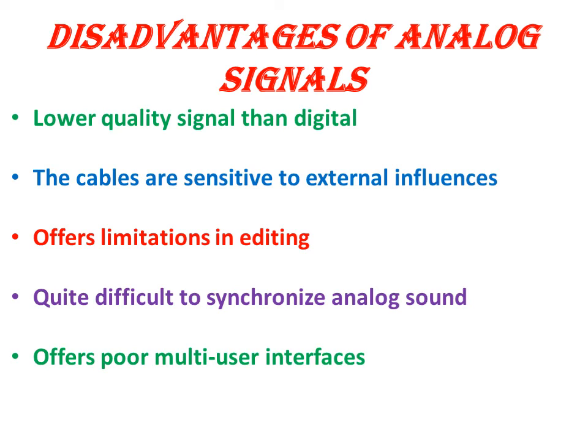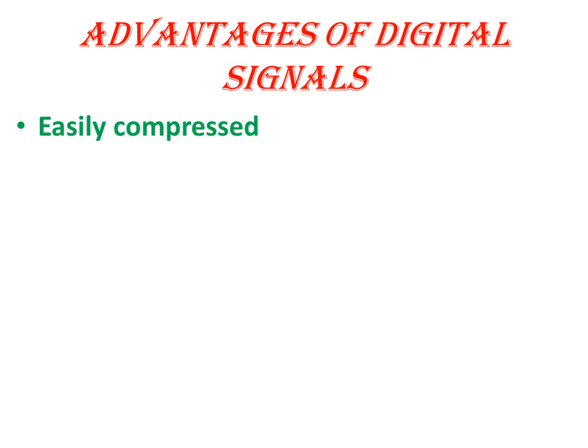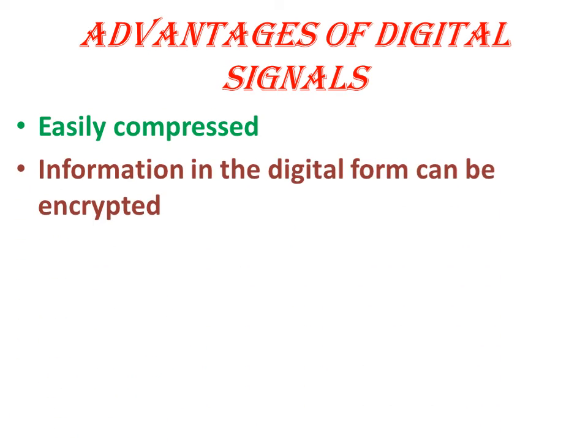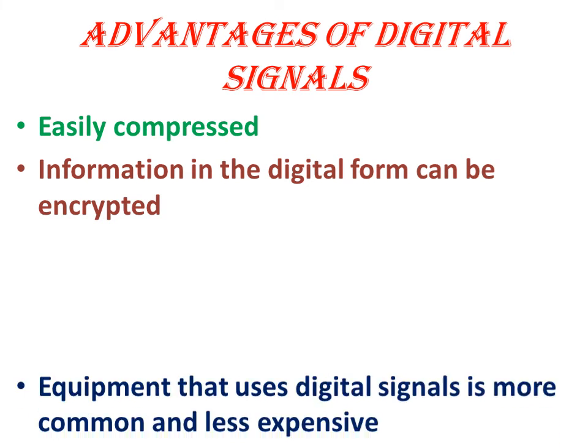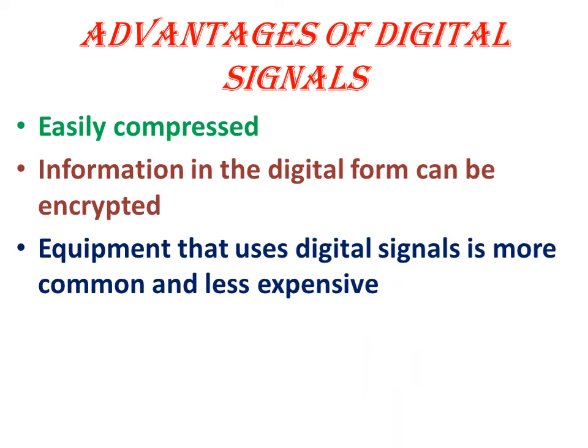Of course, there are some advantages as well as disadvantages of digital signals also. So let us see. These are a few advantages of digital signals. Digital data can be easily compressed. Any information in digital form can be encrypted.